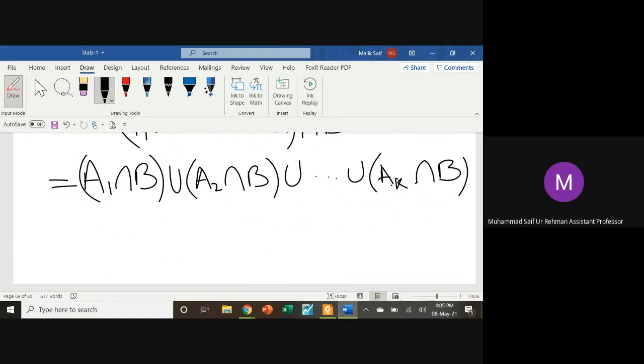from here you can see, this may be an extra step, but you may think it. Ai intersection B means A1 intersection B, A2 intersection B, AK intersection B. So these are the events now.